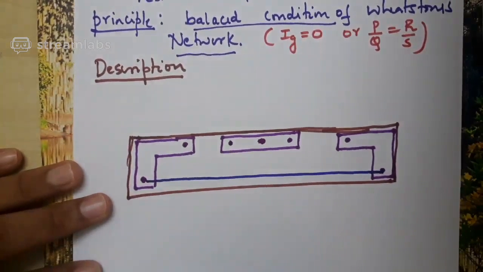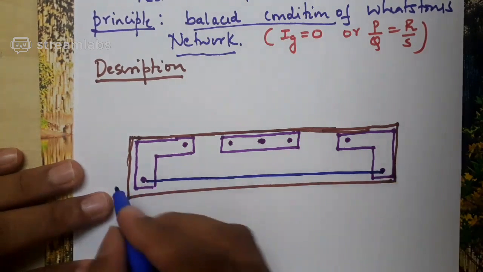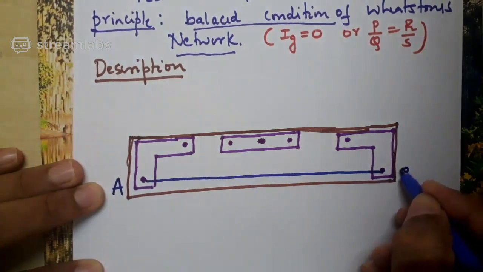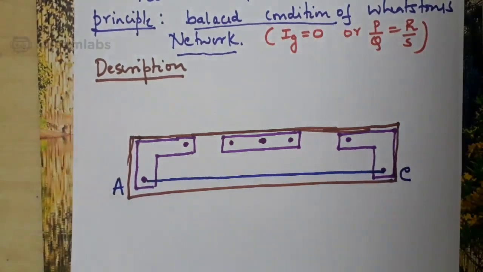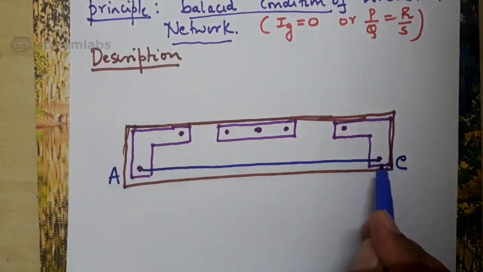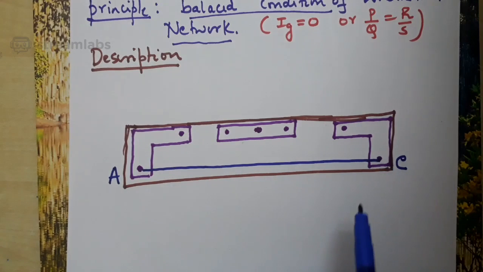I can say a wire of uniform cross-sectional area fixed between these two metal strips. For your reference, I will name this terminal as A and this terminal as C for our convenience. And that wire which is fixed between A and C is of length 1 meter, or 100 centimeter.